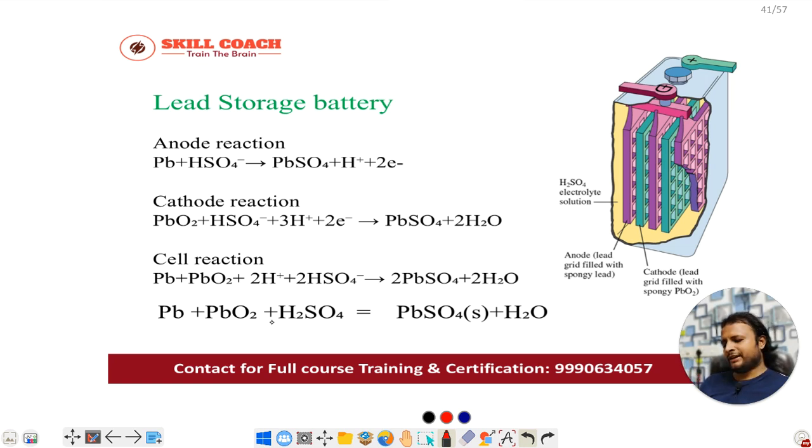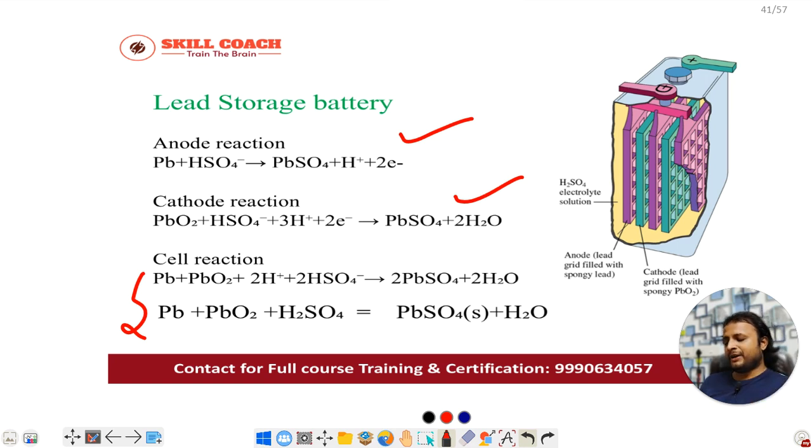Now we can understand that a half reaction is there, another half reaction is there, and a cell reaction is there, and we don't feel any kind of problem. Doesn't matter what kind of battery it is, lithium ion or lead acid, the cell reaction will take place in each and every battery. So that's why it is important to remember it.